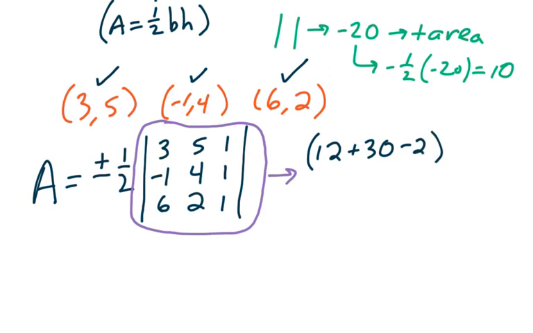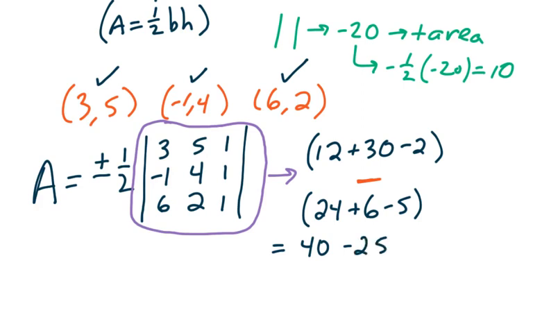Those are all my down rights. And I'm going to subtract all my down lefts. My down left should be 24 plus 6 minus 5. So just for my determinant, I should get 40 minus 25, which should equal 15. All right, that's just the determinant. That's not the entire area, but it's just the determinant.